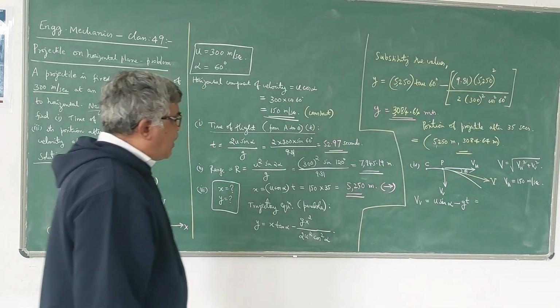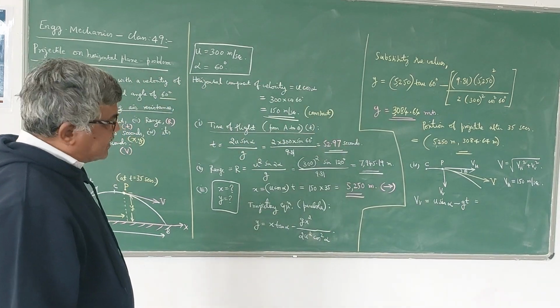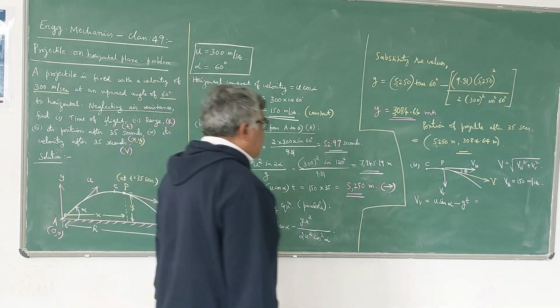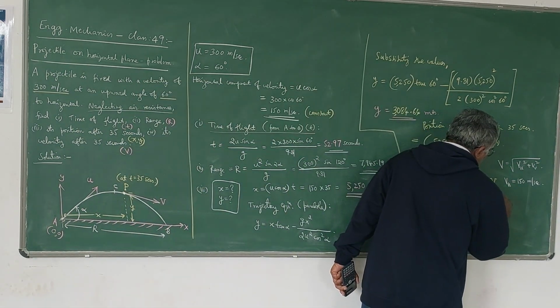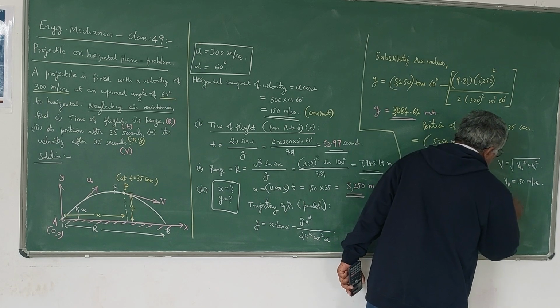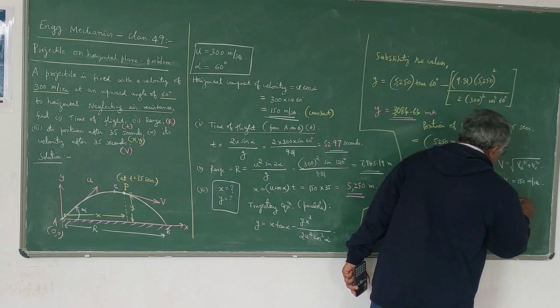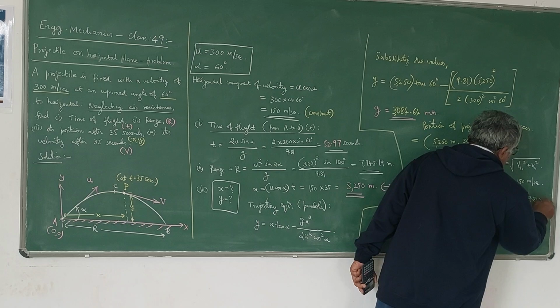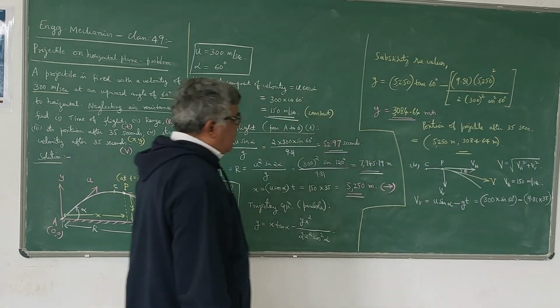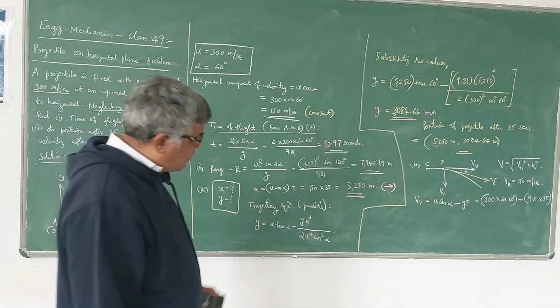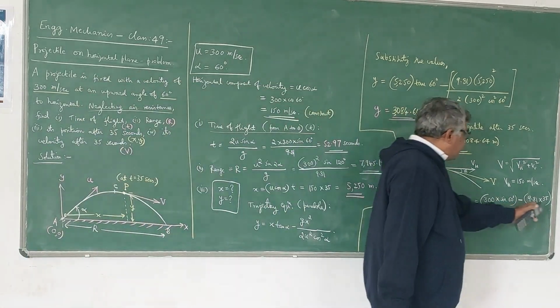U sin alpha minus gt is the equation. Now here, what happens? U is 300 into sin 60 degrees, alpha is 60 degrees, minus 9.81 into 35. So this is the vertical component of velocity after 35 seconds.